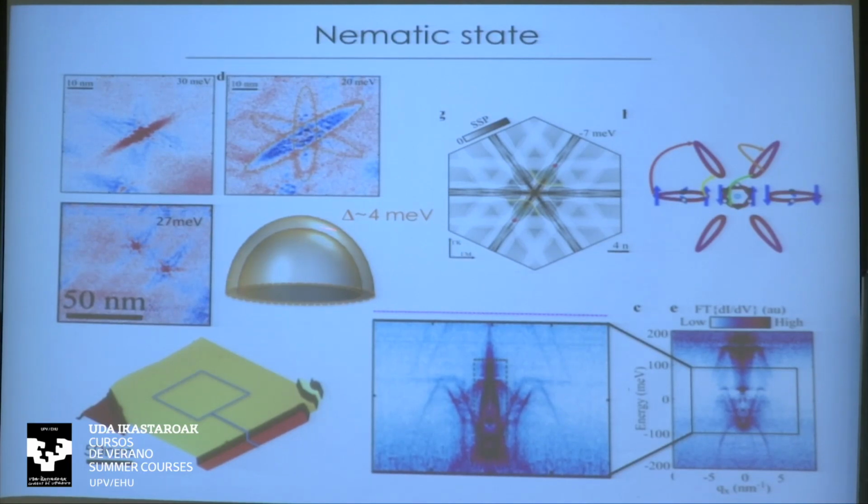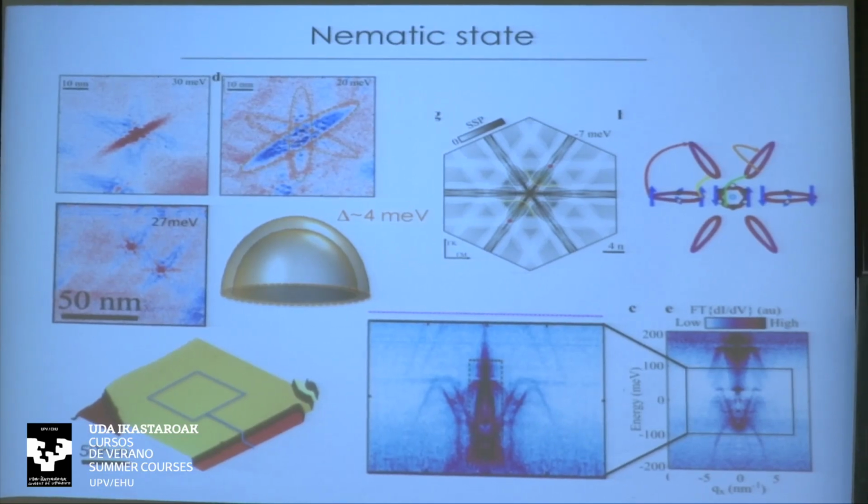And what we find is that basically this pocket has moved 4 milli-electron volt higher in energy relative to the other two teardrop pockets. So again, this ellipse shape is coming from scattering within these teardrop pockets. They should all be the same. They are degenerate. However, what we see in experiment is that one of them kind of moved in energy.